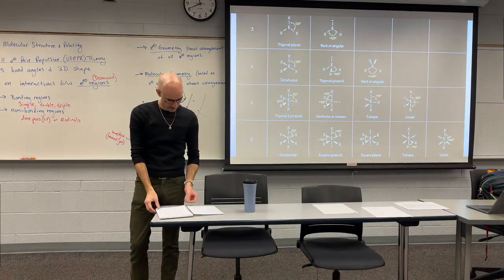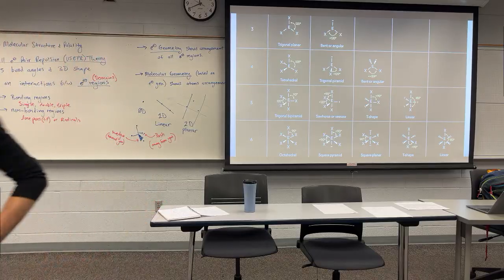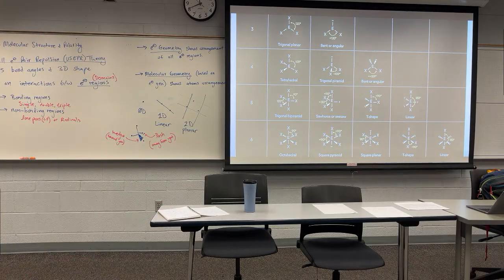Do you want us to do a more general one? Well, this is actually just looking at binary again. But for these, if you have more than one central atom, look at all of them. Find a central atom and determine electron and molecular geometry.